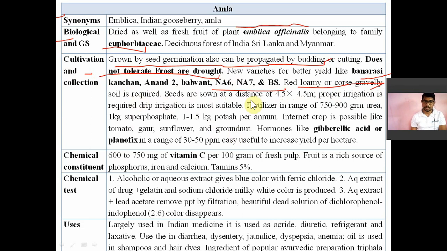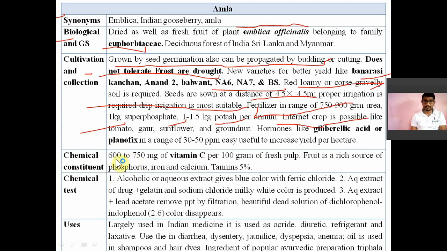Seeds are sown at a distance of 4.5 by 4.5 meters. Irrigation is required; drip irrigation is most suitable. Fertilizers are given, including 1 kg super phosphate per plant. Intercropping is possible: if you are cultivating amla, between the rows you can take another crop like tomato, guar, sunflower, or groundnut.